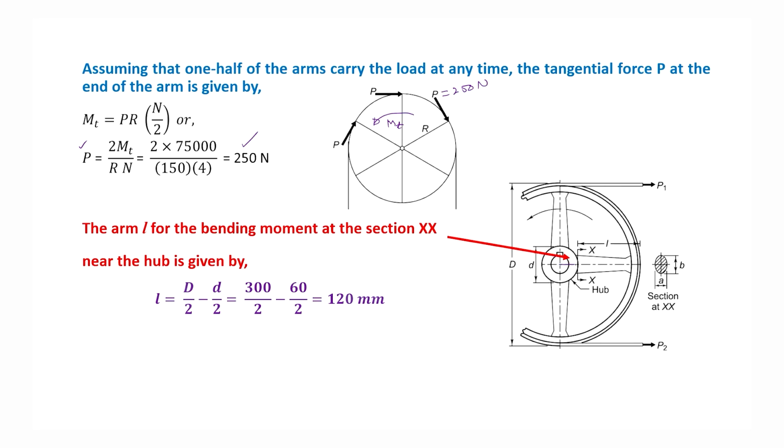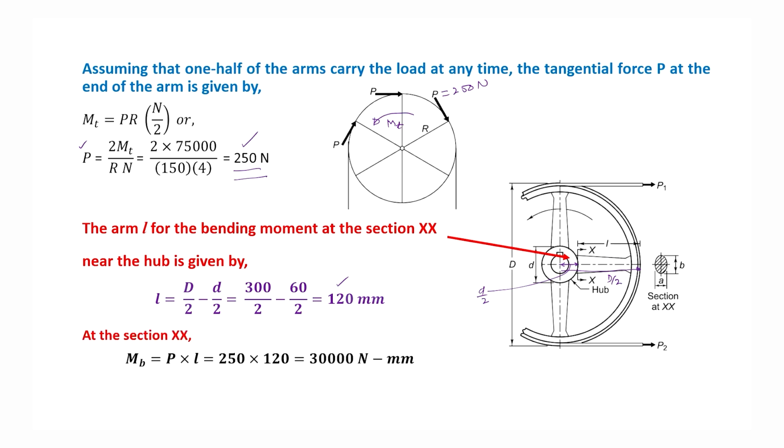So this distance is half of the hub diameter, small d divided by 2, and this is capital D divided by 2. And so the length of the arm up to this XX section will be capital D divided by 2 minus small d divided by 2. It is 120 mm. So L is the length of the arm on which the load P will be acting, and from that we will get the bending moment.